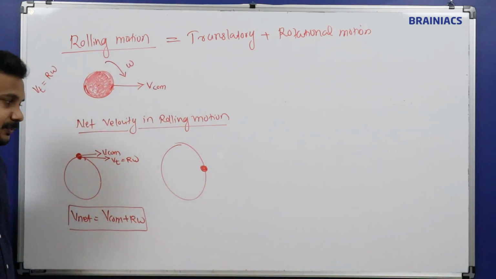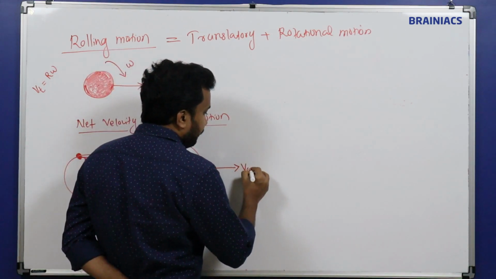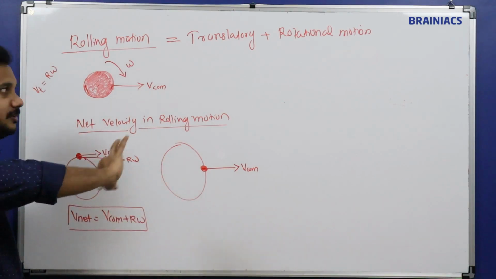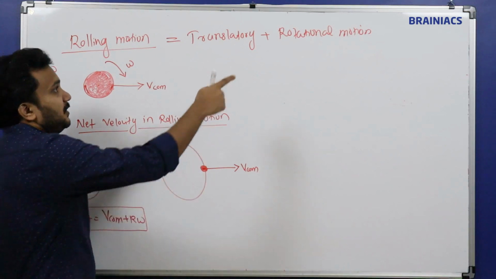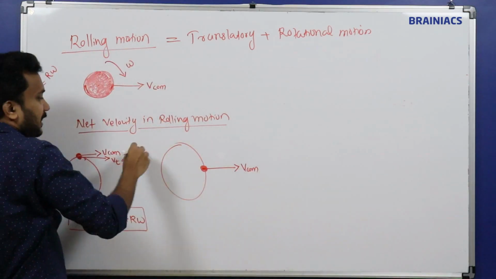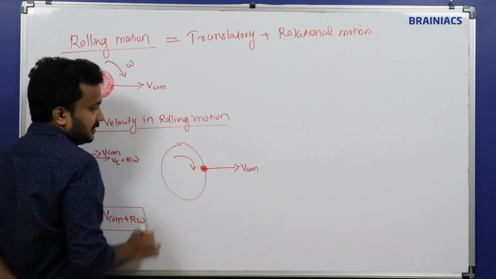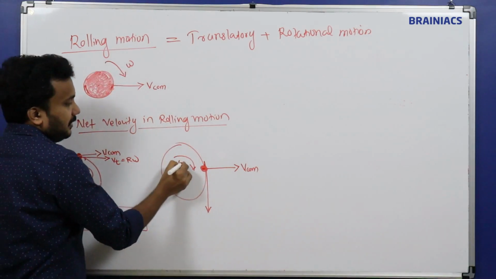Next, in the same circular motion, if the body is located at this point, what is the velocity? The center of mass anyway is moving forward, so its direction is always forward, because this is given by translatory motion. Now we have a rotational motion component. Rotational motion means omega, and omega will give rise to a tangential velocity. The motion of the body is like this, there is a tangent because it is rotating like this.